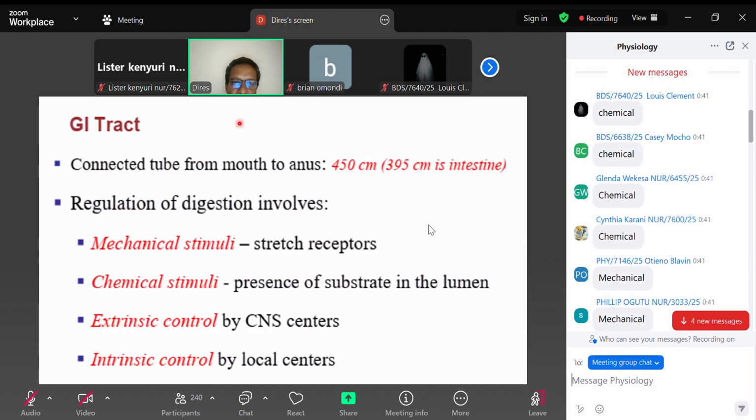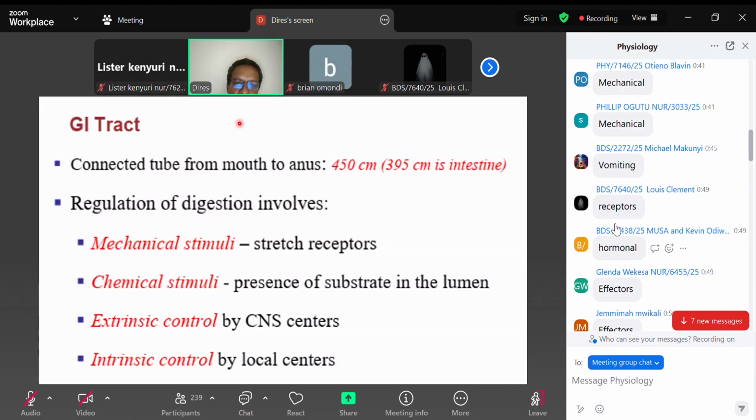Okay, now, which system is called rest and digest? Sympathetic or parasympathetic? Yes, parasympathetic.